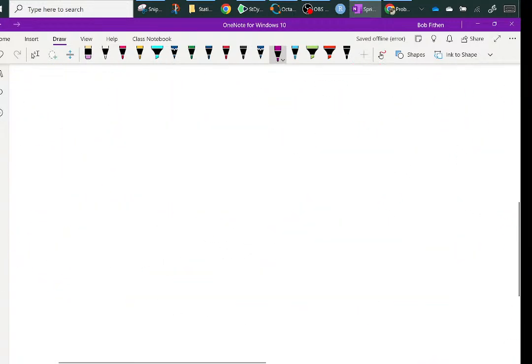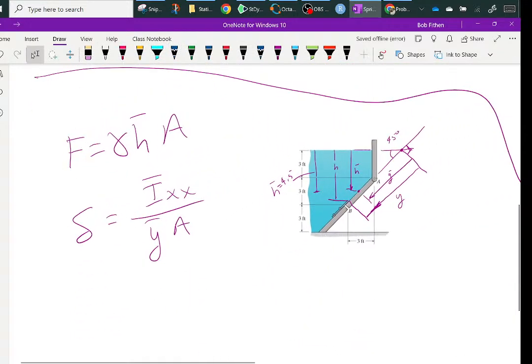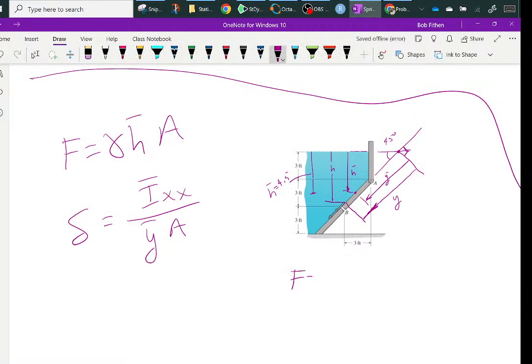So now, if you just look at the F total, it's just gamma H bar A, or 62.4, H bar of 4.5, and then the A, which is the area, which is the 4 and the square root of 2, not the 4, the 3, sorry.